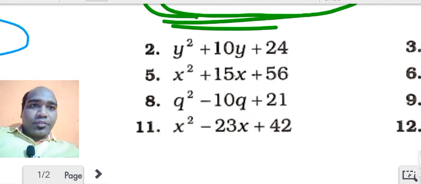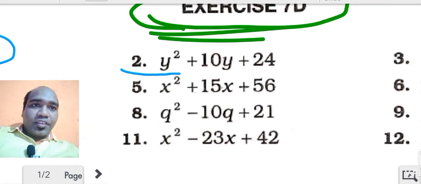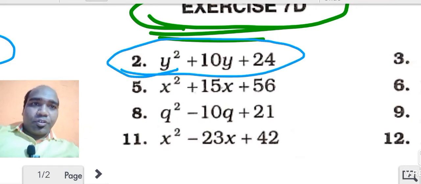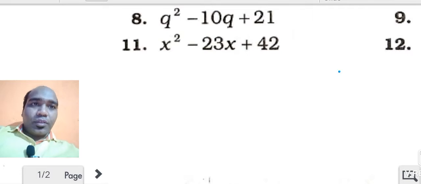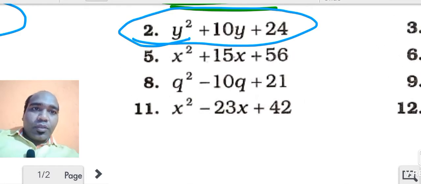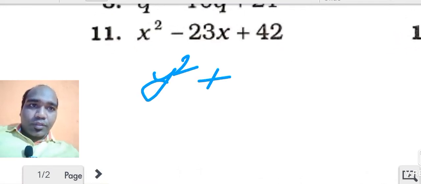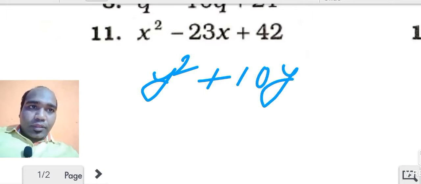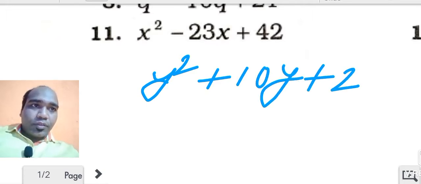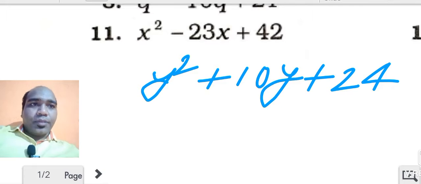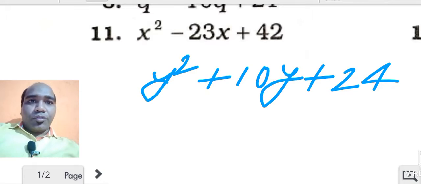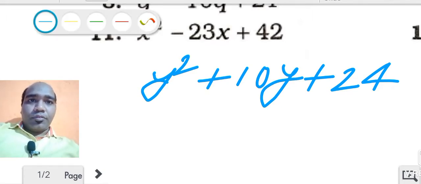Now just look here, question number 2. It's given y square plus 10y plus 24. Okay, y square plus 10y plus 24.